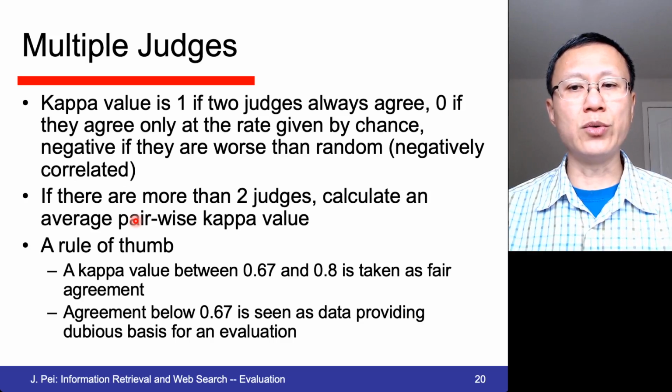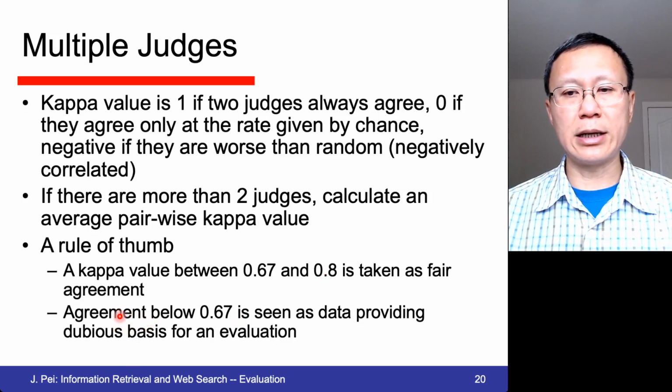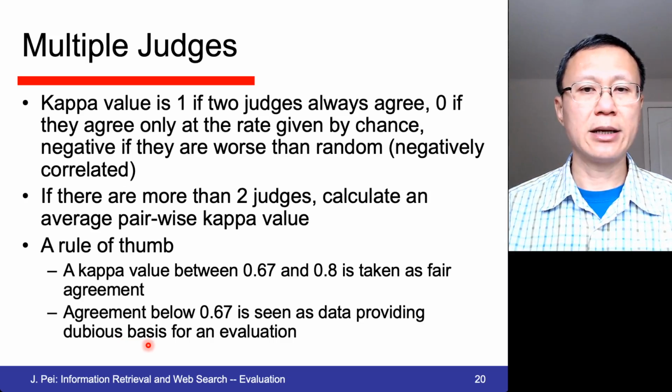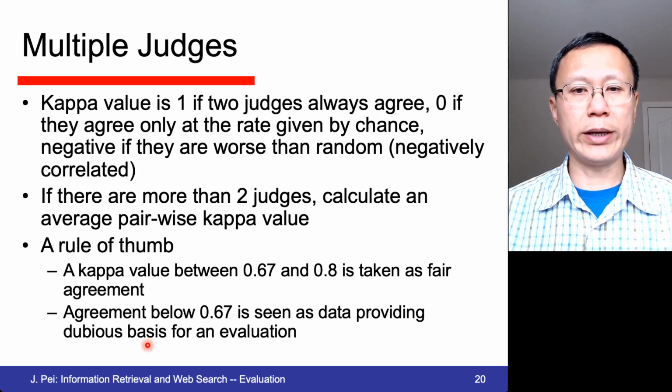As a rule of thumb, a Kappa value between 0.67 and 0.8 is considered a fair agreement. If the agreement is below 0.67, meaning 2/3, it can be regarded as data providing dubious basis for an evaluation. That means the judges may not agree with each other.